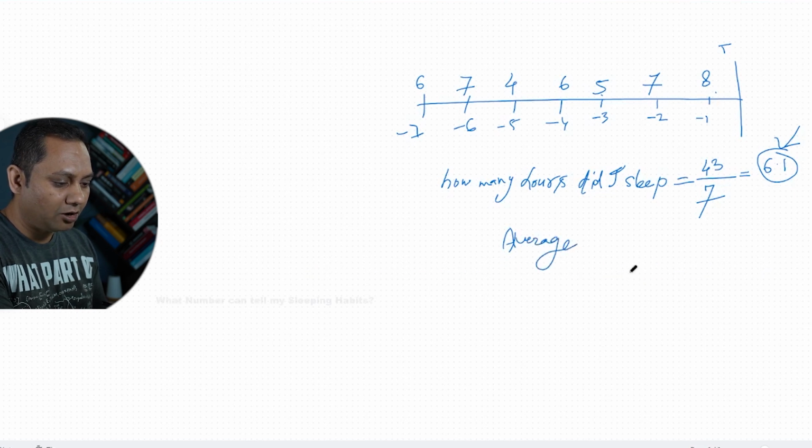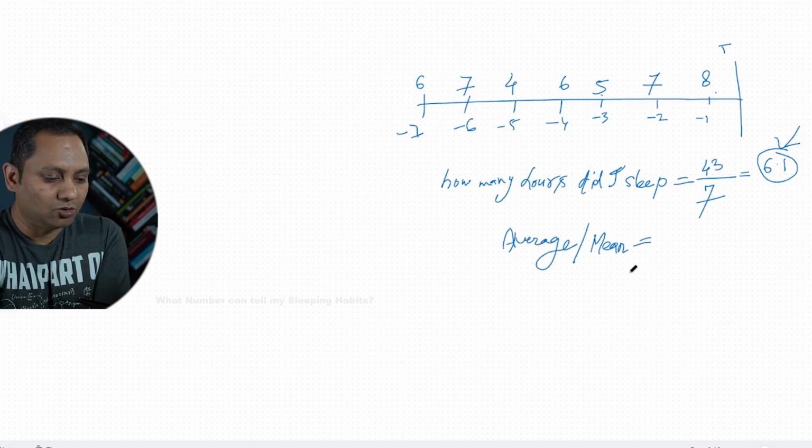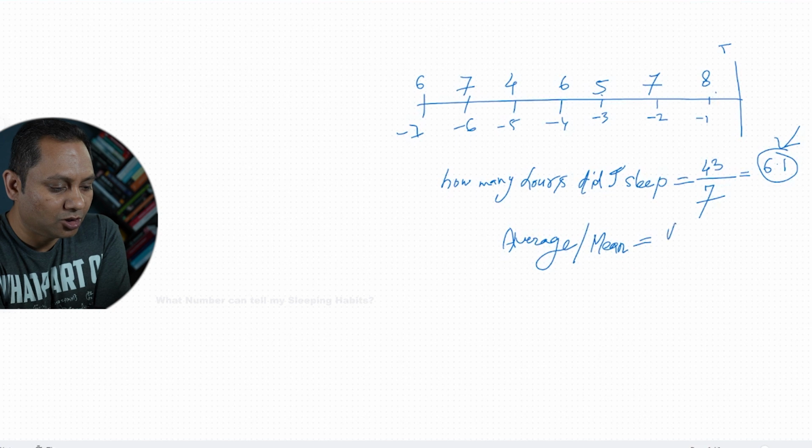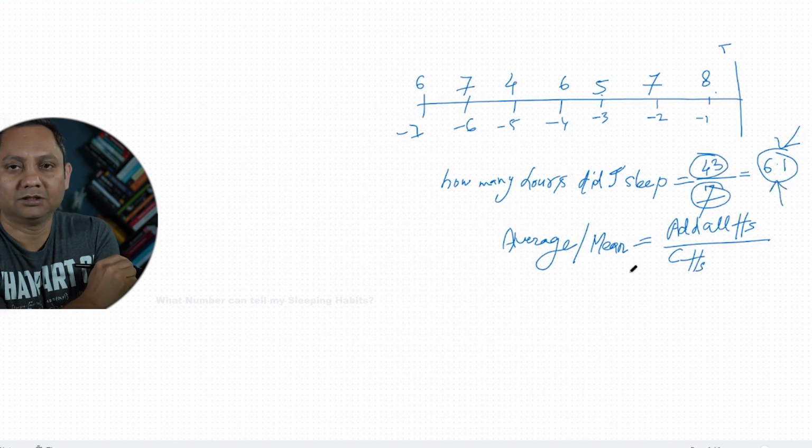Average, or more mathematically, it's called the mean. Now what is mean? You add all numbers and you divide by the count, right? So here we added all the numbers and we divided it by the count to get the average.